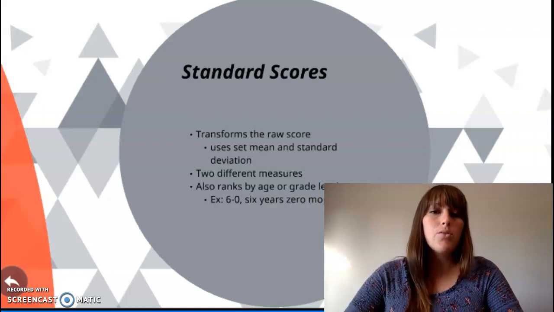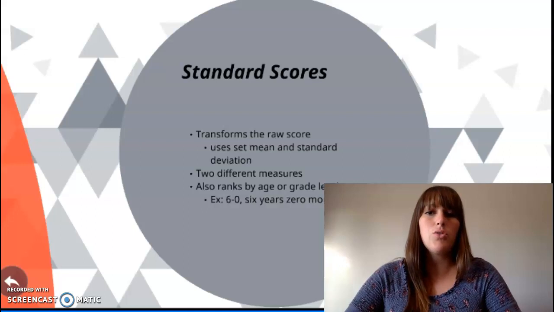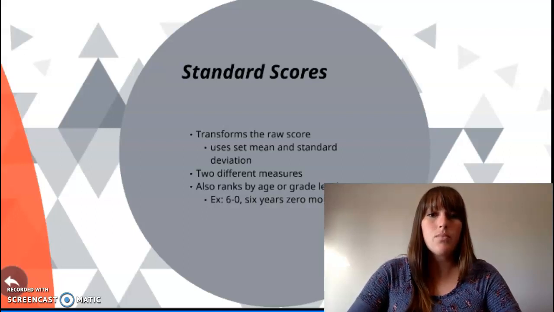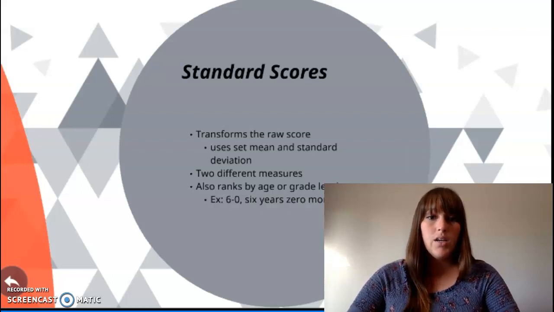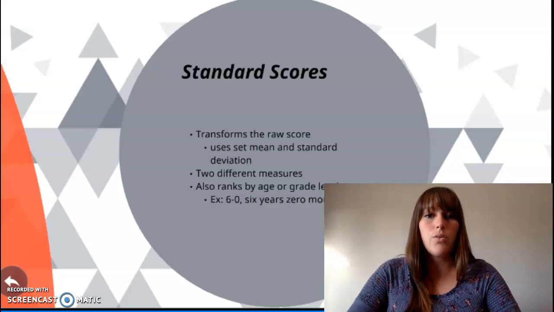So standard scores are used to measure performance of the same student on 2 different measures. They also provide a standard scale for reporting norms, and it goes by age and grade as well, the same as the percentile ranks. So it would be read as 6-0, 6 years 0 months, and so forth.